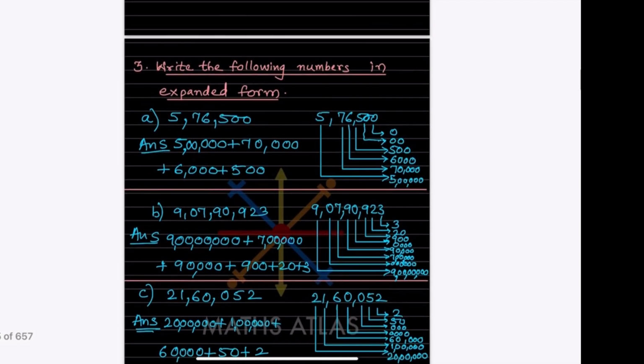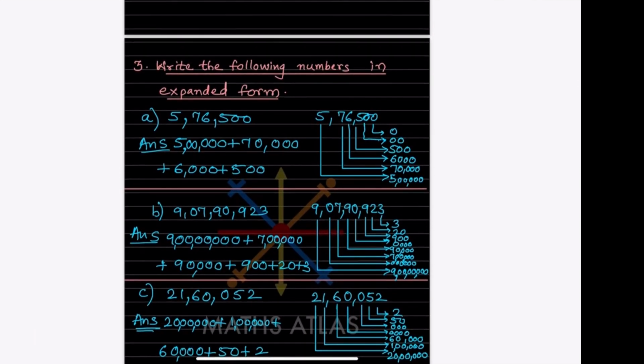So now look here. They have asked to write the following numbers in the expanded form. So this is the number given. What does this say? 5,76,500. So what I have done is some rough work over here on how to split it up. The first digit is 0. So 0 is on which place?